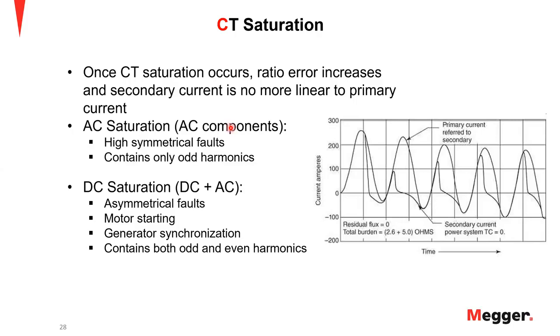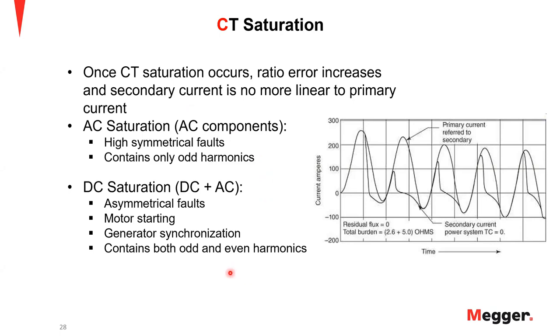So what happens is that obviously the transformer differential relay is going to see a difference of currents because the CT is saturated and the currents are not the same on both sides because of the saturation. And then it will result in an operational differential. But we don't want the differential to trip in this condition because this is not an internal fault condition. Differential is designed to operate only for internal faults.